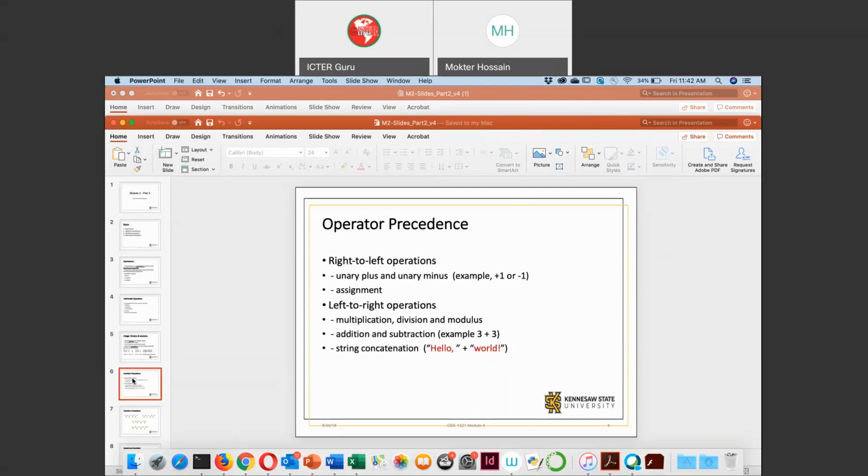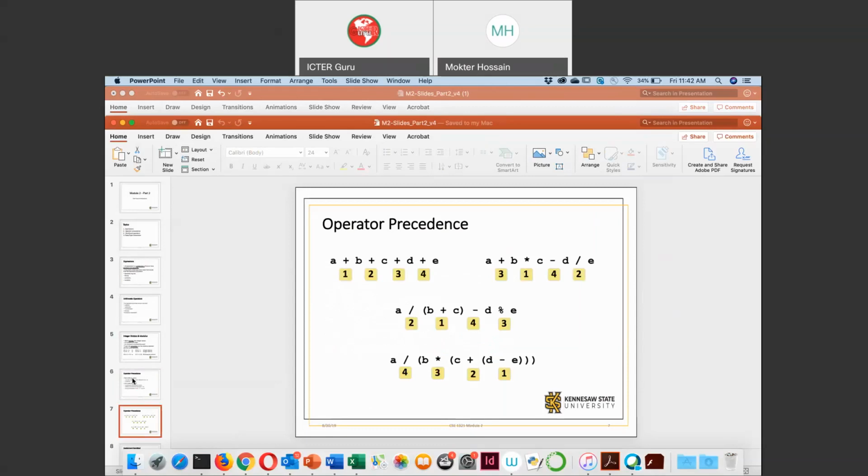Operators maintain their precedence. Precedence means which one will be executed first and which one will be executed next. These precedences are actually familiar to us from our early childhood. For instance, the plus sign has lower precedence, but the multiplication sign has higher precedence.